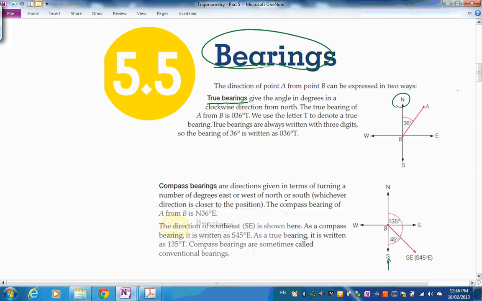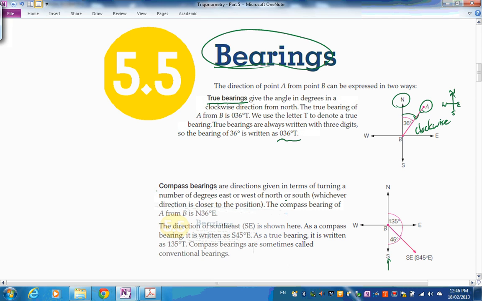This is the usual way we designate north, south, east and west, the 4 points of the compass. And the idea here, if we're trying to indicate to somebody how to get to town A, we face north and say, hey, you should turn 36 degrees clockwise. So this system uses a face north approach and turn clockwise. Okay, so it's written like this.